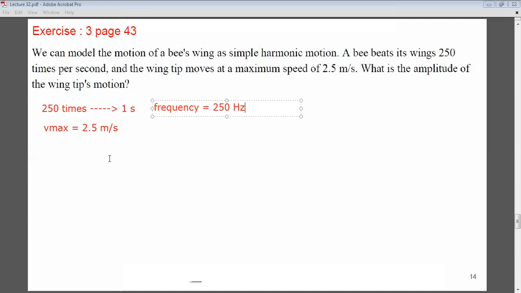And I have the V maximum. What is the amplitude of the wingtip's motion? So I will use V maximum equal to omega times amplitude, which is 2 times pi times f times amplitude.